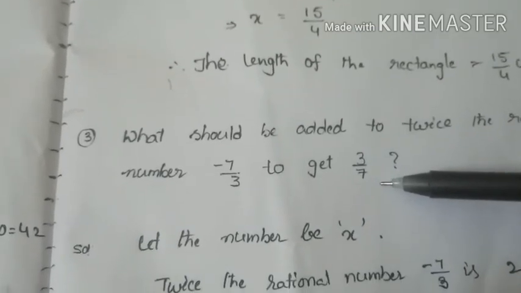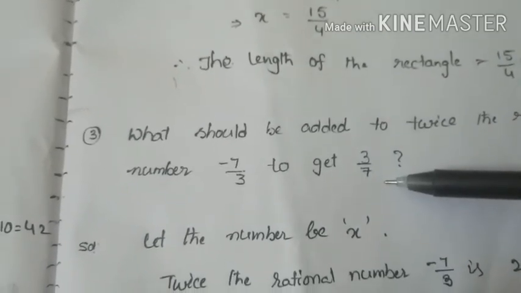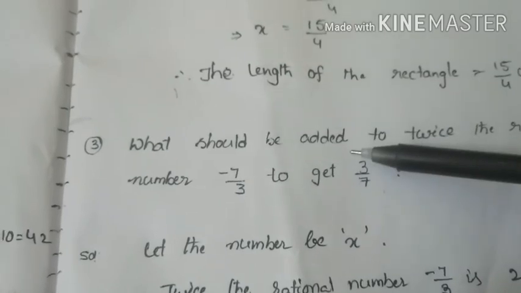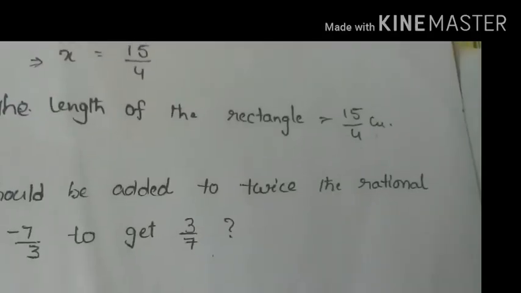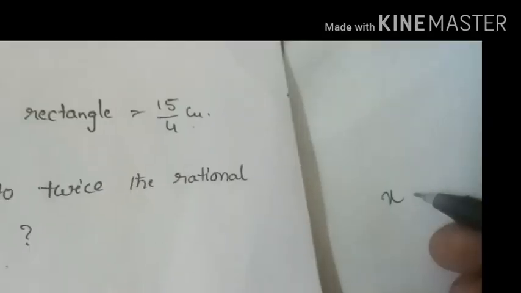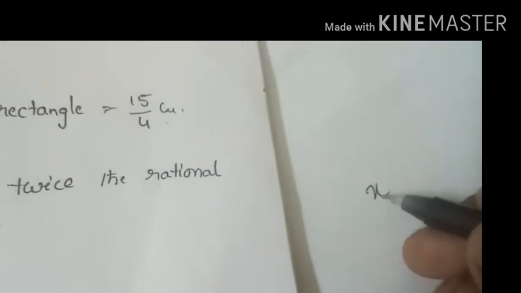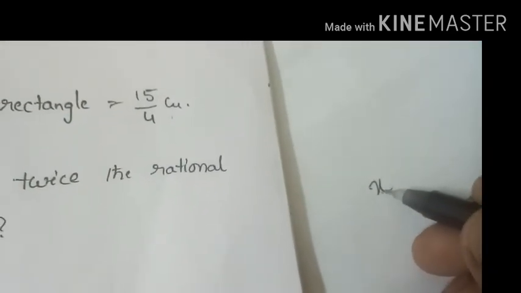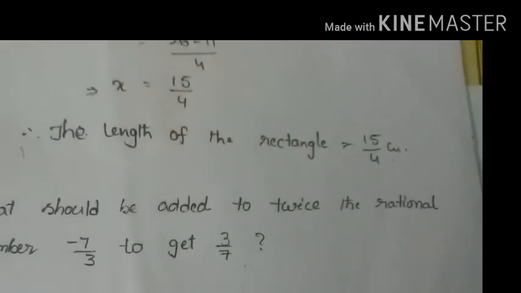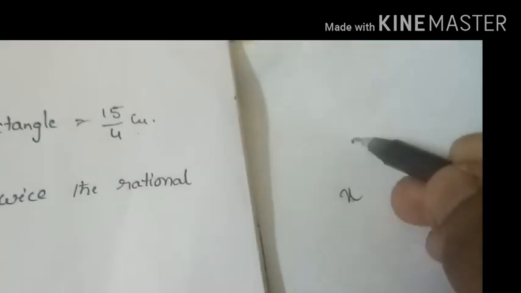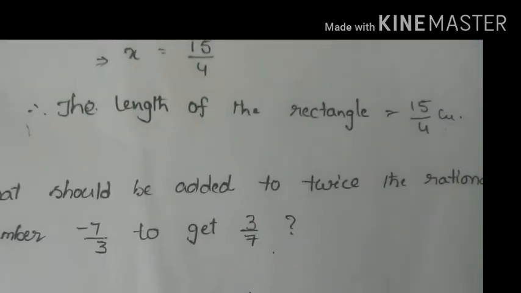So how do you frame the equation? We don't know that number. Which number we should add? So let's take x. X is one number. If you add this number to twice a rational number, twice a rational number means 2 of the rational number given, minus 7 by 3.